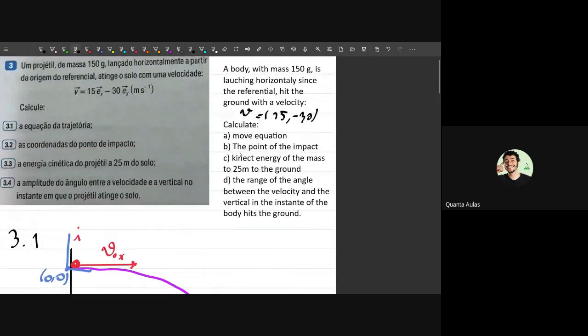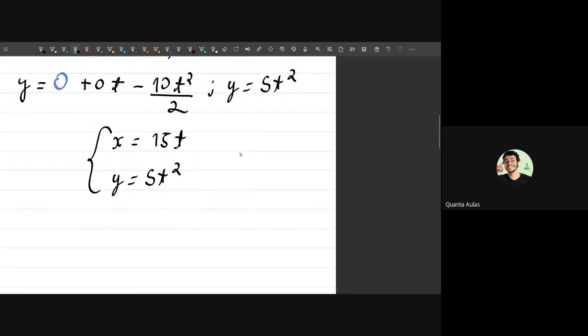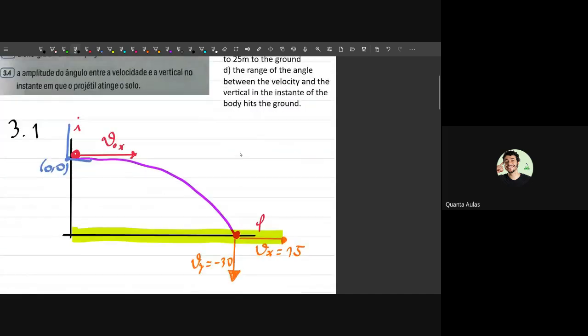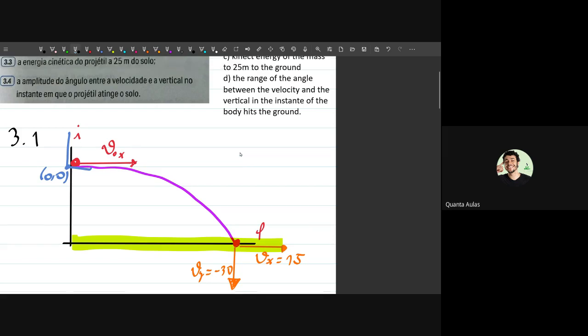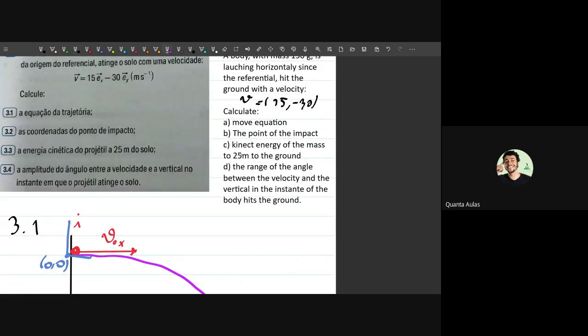Okay. B, the coordinates of the impact. What do you need to do now? I will not do this for you, but you need to remember and try for Thursday. You need to remember we have the velocities. So pay attention. To understand the point of the impact, man, you need to know the time of the impact, right? Agree with me?